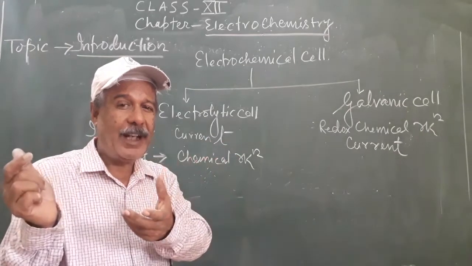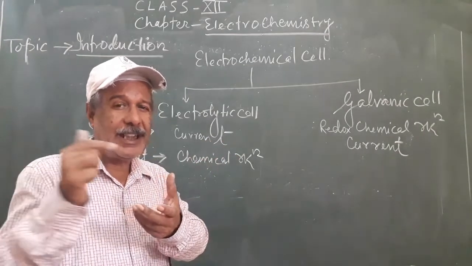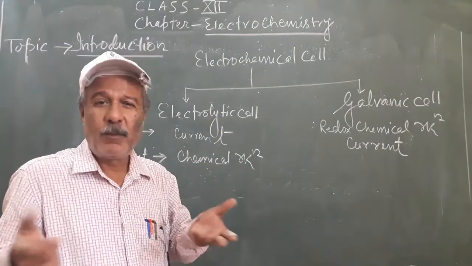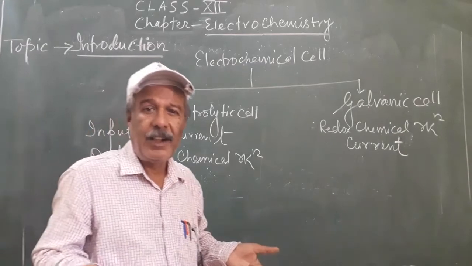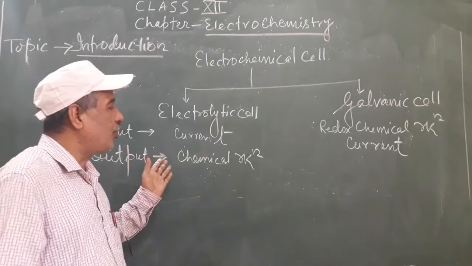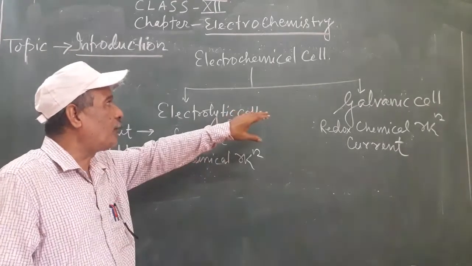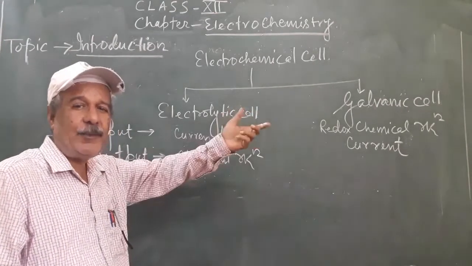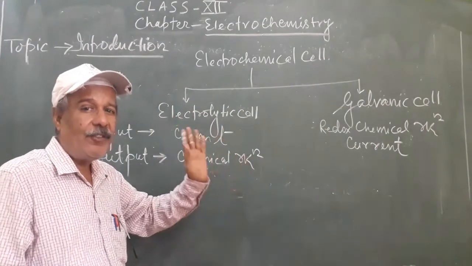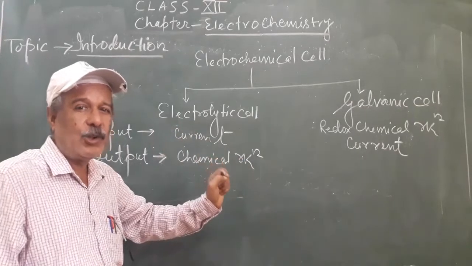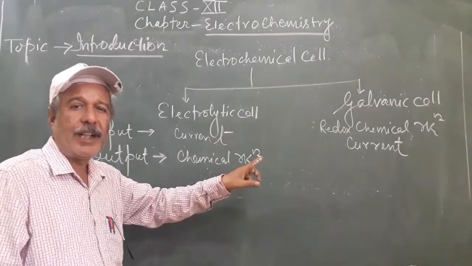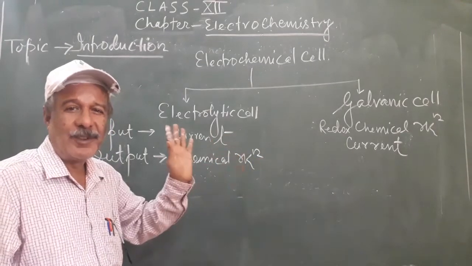In a ceiling fan, input is electric current and output is mechanical work, movement of the blades. Correct? So in this way, inputs and output are very clearly known to you, and these two type of electrochemical cell can be distinguished very easily on the basis of this input and output.